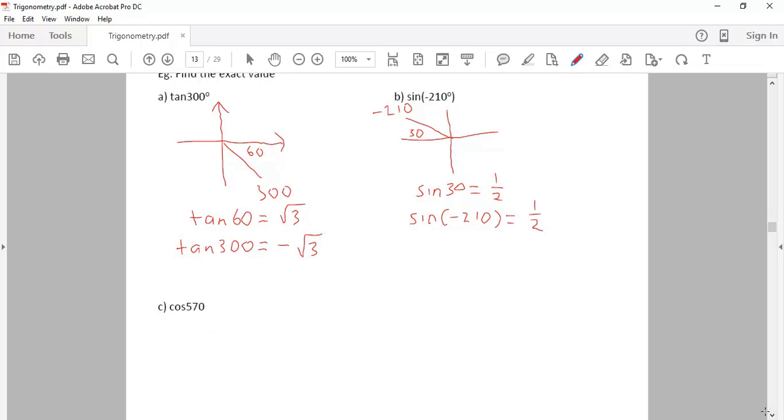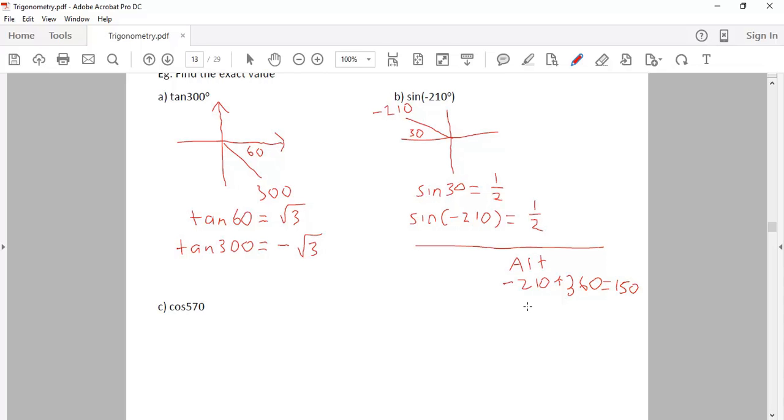Alternatively, another way you can do it is, remember we can go around 360 degrees and it will still be the same angle. So if we did negative 210 plus 360, you get 150.